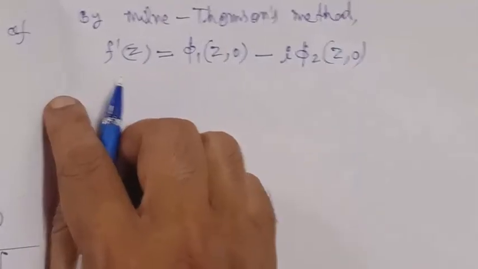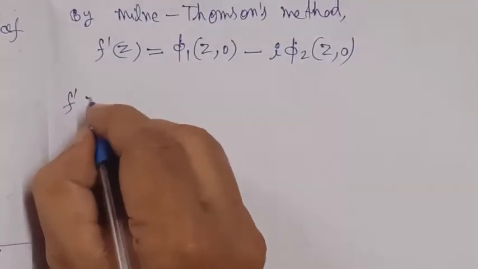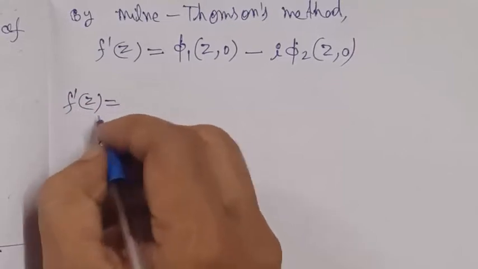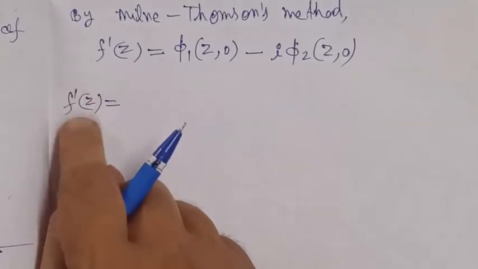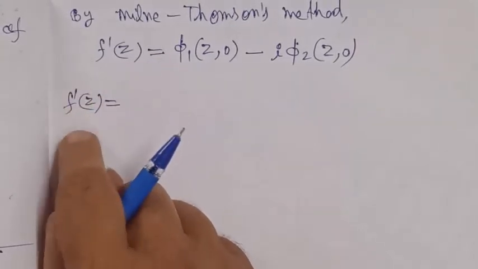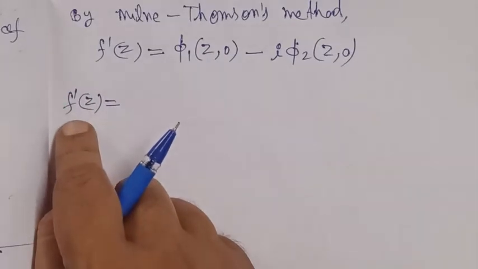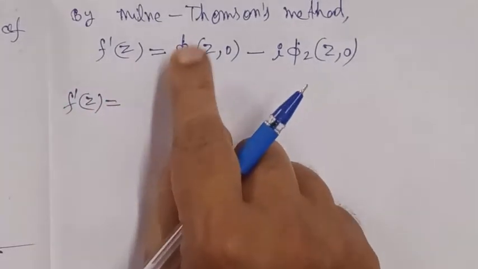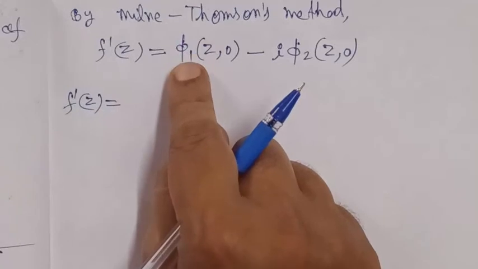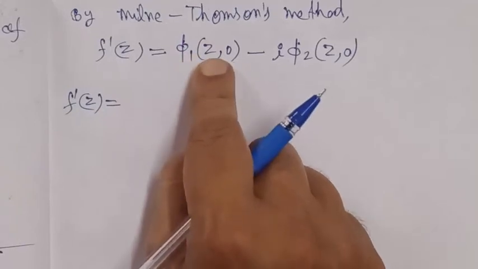So we are able to find f'(z), and after it we can get f(z) by integrating it with respect to z. First we write the value of φ1(z, 0).